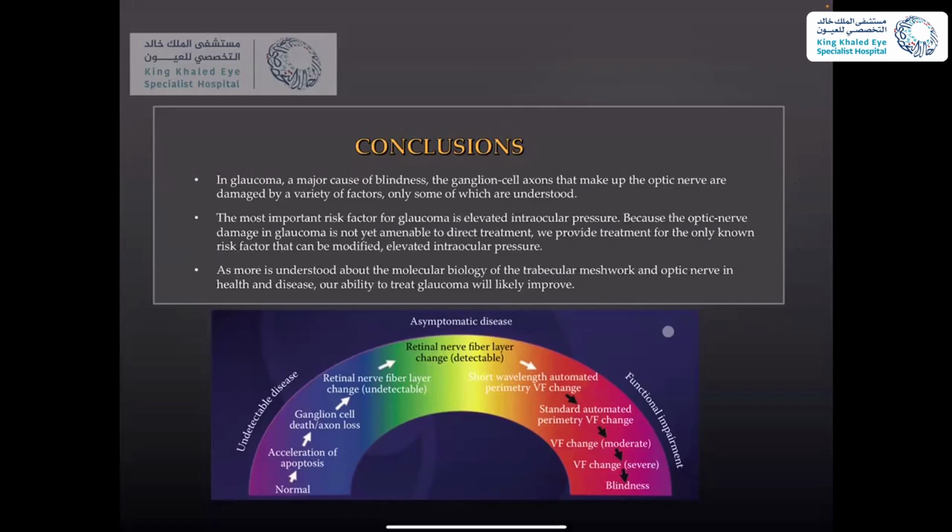And as we all know, we only have one risk factor that we can modify, which is the intraocular pressure. This is the only risk factor we can change or do something about. Unfortunately, till now, we don't have anything other than that to control our patient, or to try to prevent further damage to the nerve fiber layer.